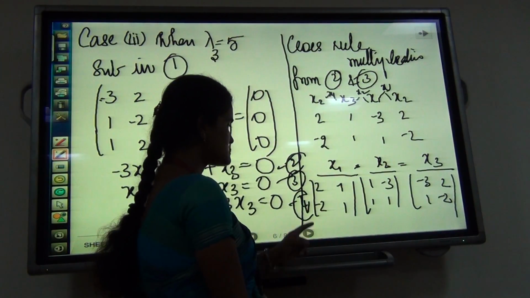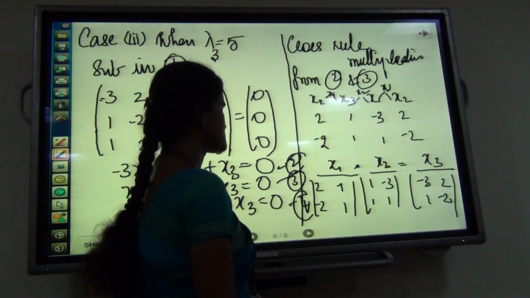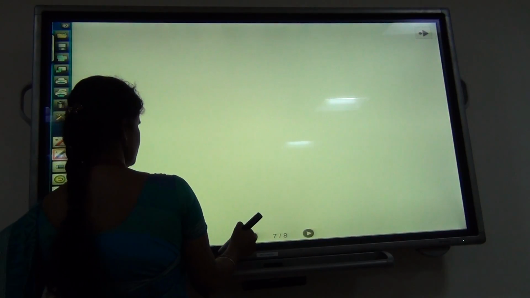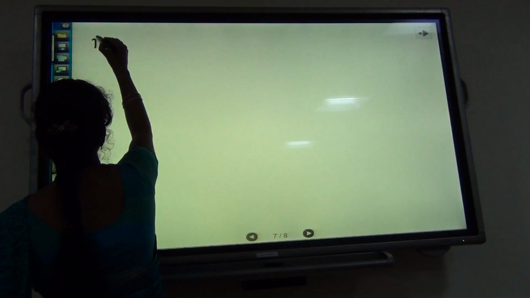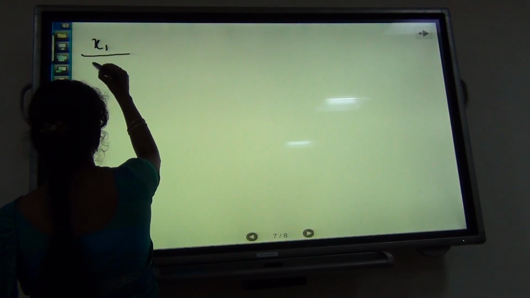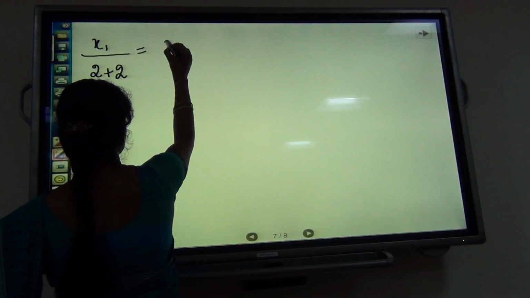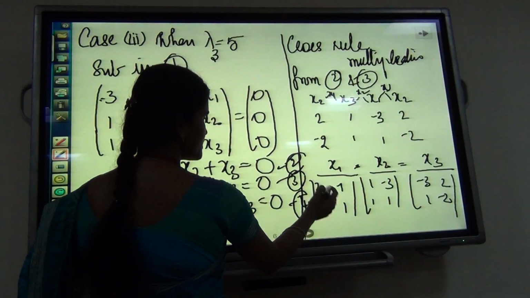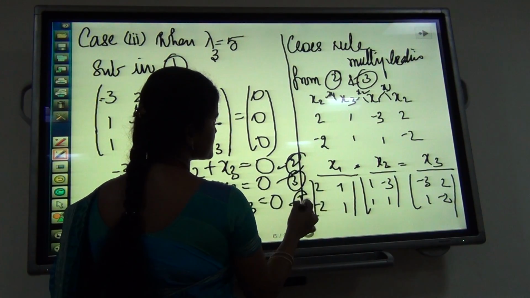So as we find the determinant, it is 2 into 1, that is 2, plus 2, that's 4.